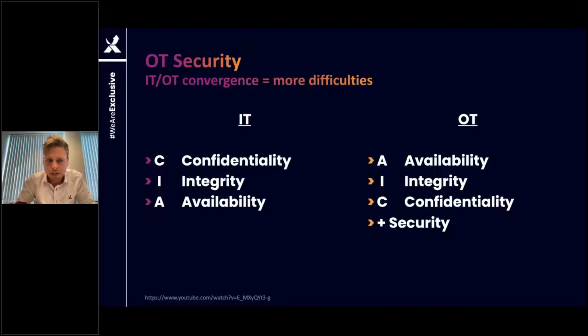We're not talking about data anymore. And this can maybe sound silly, but for example, when you have a ransomware attack in IT, then your data is encrypted. You cannot access it anymore. You need to pay, but it still is just data. We're not talking about lives. With OT, we are talking about lives. We are talking about maybe assets, industrial equipment.